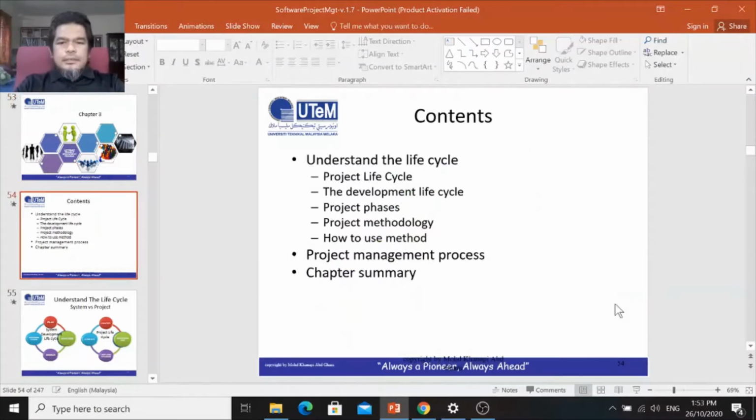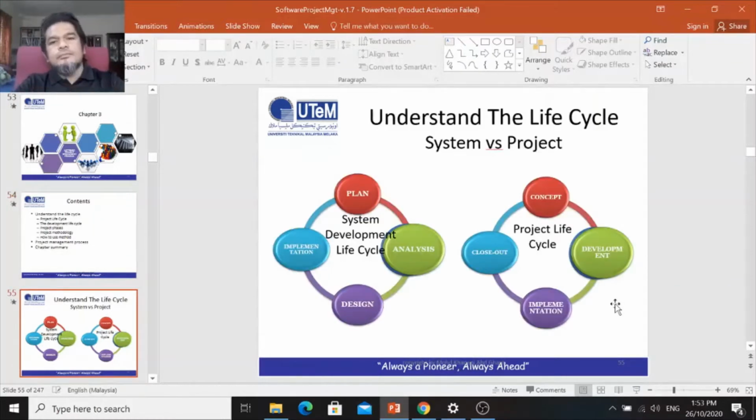So this is the contents. When you are awarded a project and you become a software project manager, there are two different things that you have to understand. One is the system development life cycle and another one is the project life cycle.